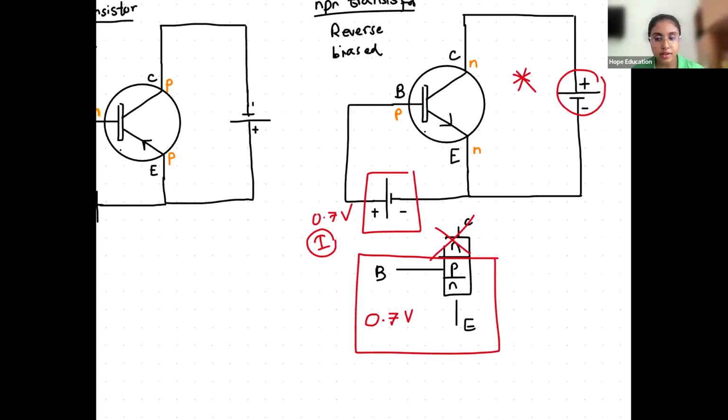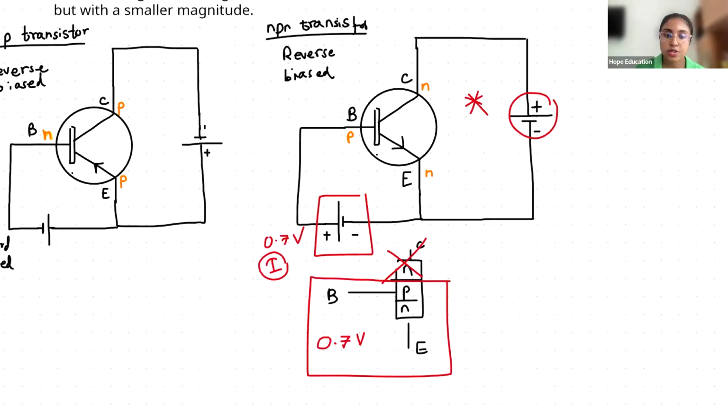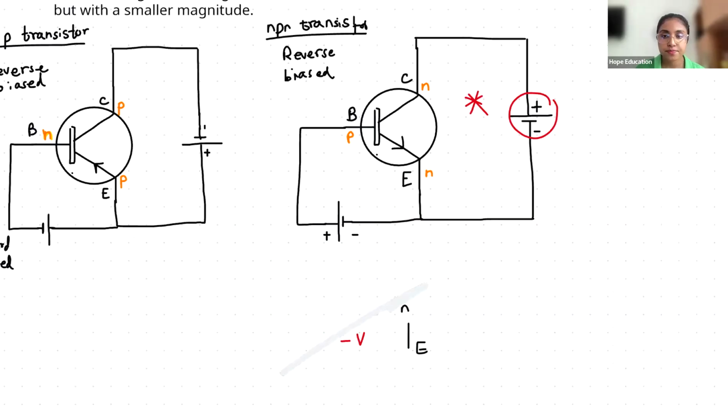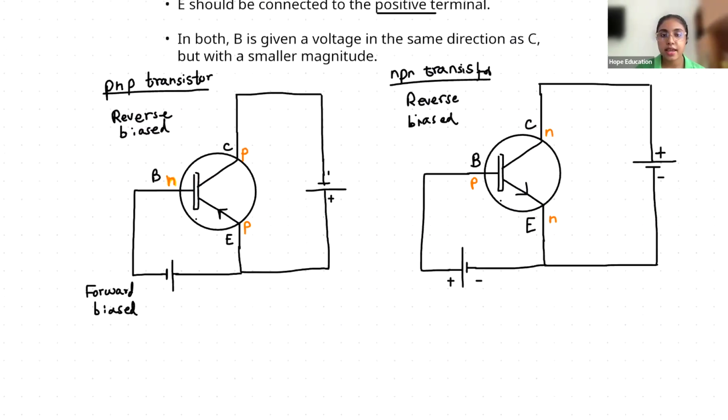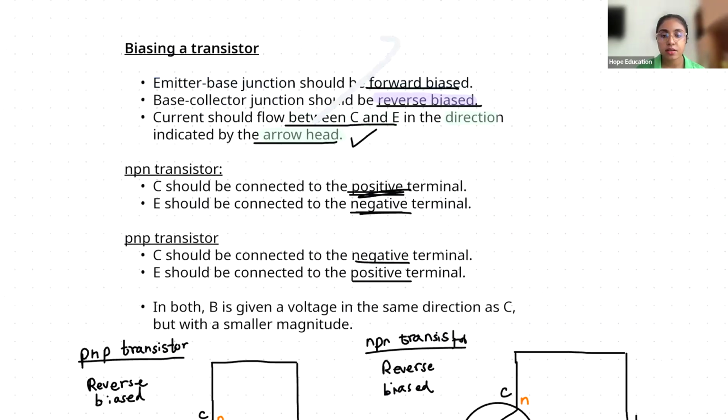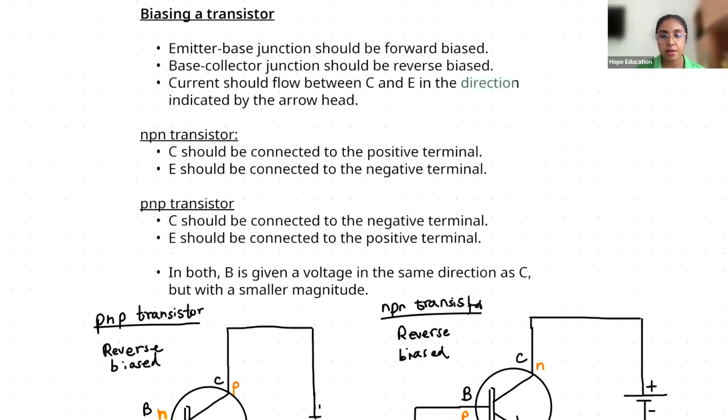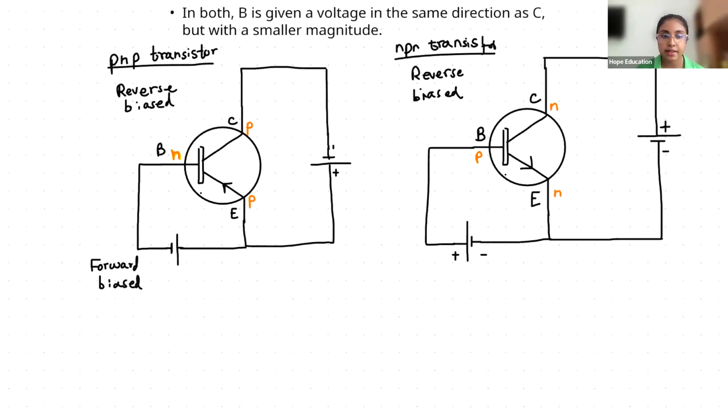Is there anyone who didn't understand? Okay, I will give you some time to draw these two transistors, because of course you have to. Now you have copied these sentences. Now below that, draw these two, PNP and NPN, and write them neatly, marking them together with what I have written. Quickly. Write neatly, but don't take too much time, okay?